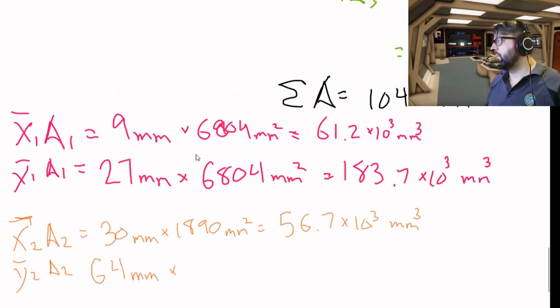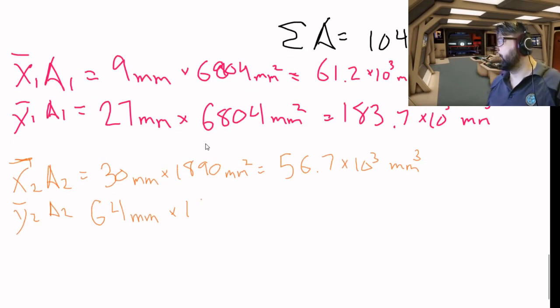And that is times our 1890 millimeters squared. 64 times 1890. And that gives us, rounding up, 121,000 millimeters cubed.